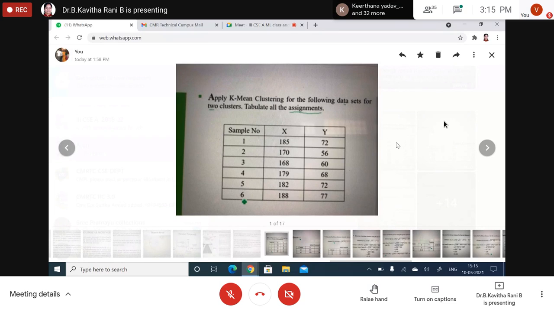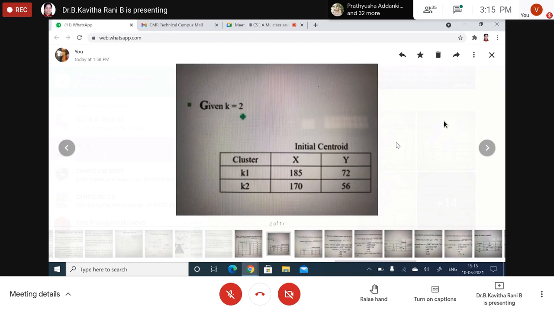You have to see which particular instance is related to another instance, combining one row with another row for grouping. So that we have to check. Now we have to form this particular data set into 2 clusters. Given k is equal to 2, that is nothing but 2 clusters. Take the 2 clusters, that is k1 and k2.